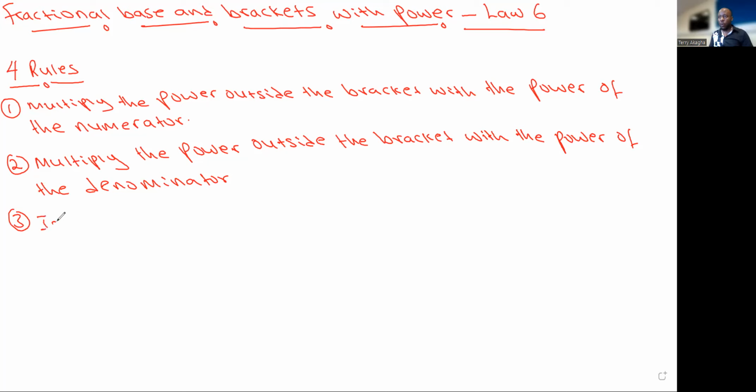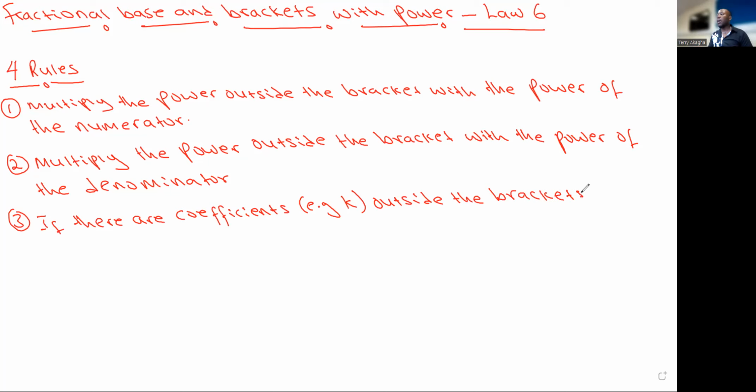So if there are coefficients, e.g. k, it could be coefficients, it could be constants, outside the bracket, you then have to multiply the resultant value with k, which is the coefficient or the constant, okay?